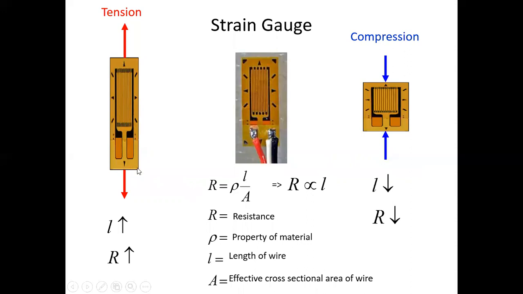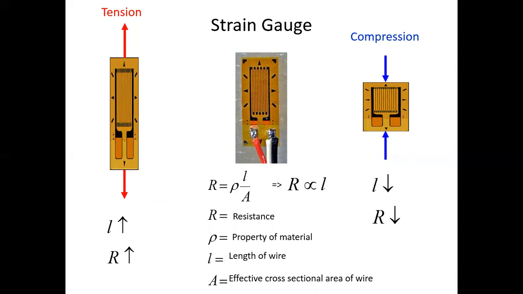According to the formula, resistance R is equal to rho L by A. R is directly proportional to L. Rho is the property of the material, that is the resistivity of the material.